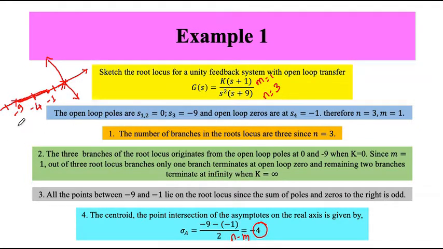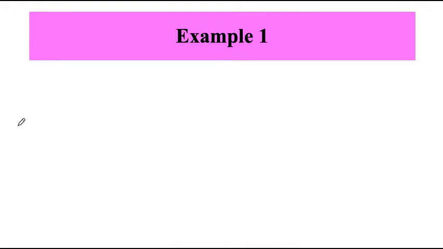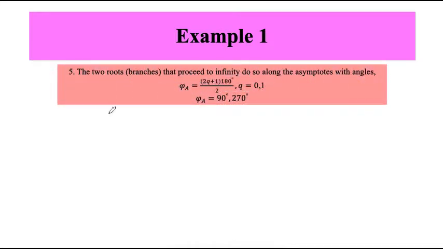Okay, next is what are the angles of those asymptotes. We compute the angle of asymptote as (2q plus 1) into 180 divided by 2, because 2 branches will move towards infinity. So what will be the angle? Angle will be plus 90 and minus 90, or you can say 270 degrees.